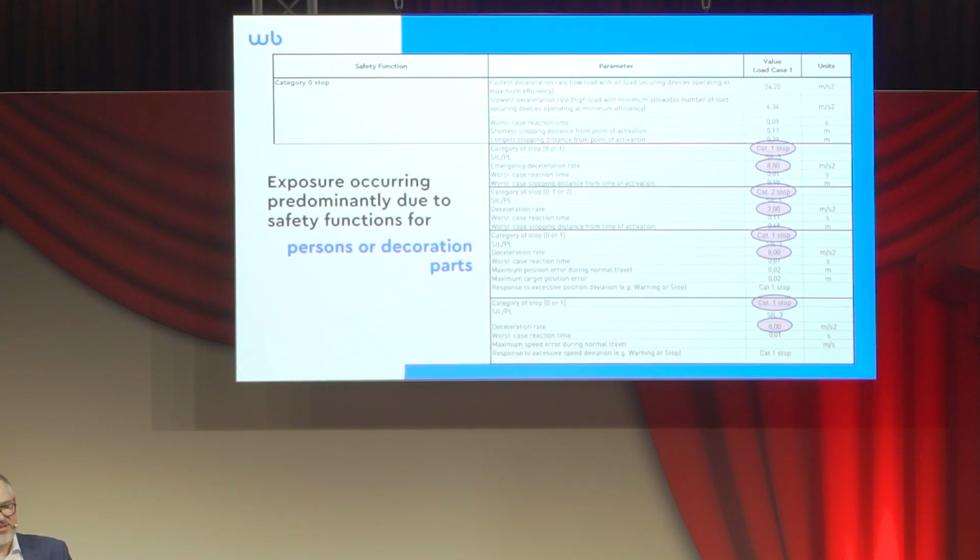If you go through the list, you see that most of them are category 1 stop or category 2 stop, and all have a very similar deceleration rate and very similar resulting stopping distances. From that, you can quickly understand and define how you have to rig your decorations, and how you have to connect a large ceiling, for example, to a group of flybars.